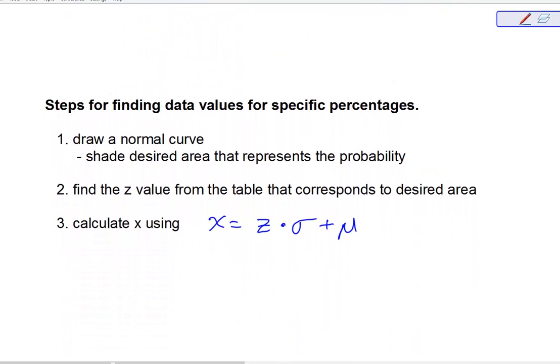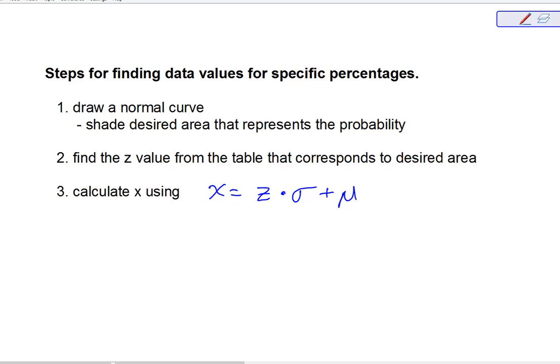Now then, if you're given the percentages, we want to follow certain steps. We first want to draw a normal curve just like we always do, and we want to shade the desired area that represents the probability. Then we want to find the z-value from the table that corresponds to the desired area.